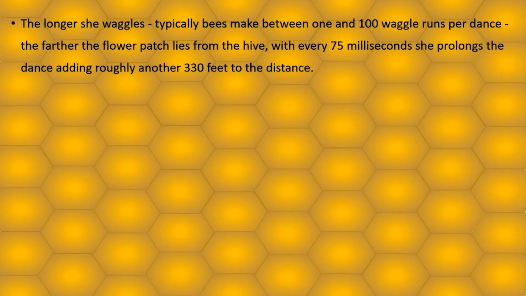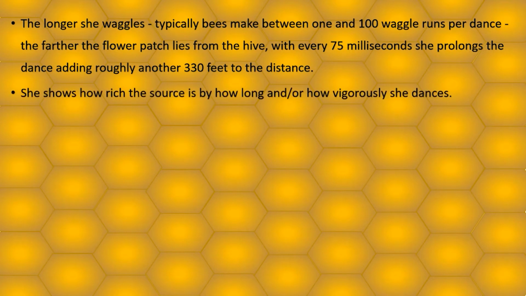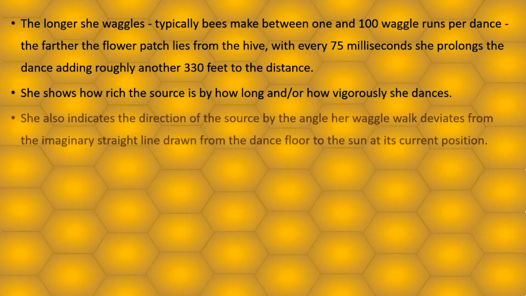She shows how rich the source is by how long and how vigorously she dances. She also indicates the direction of the source by the angle her waggle walk deviates from the imaginary straight line drawn from the dance floor to the sun at its current position.